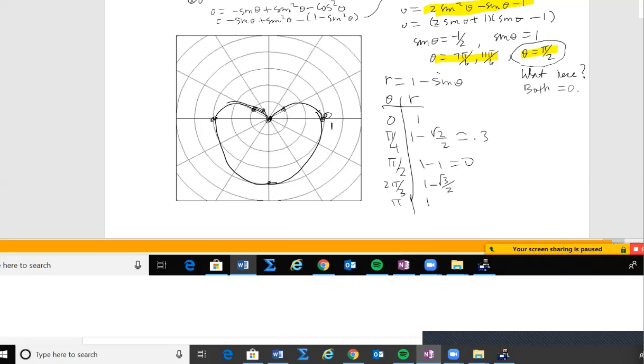Okay, so now I'm going to take a leap of faith here, since it's moving so slowly. I've tried 3 pi over 2, and I have 1 minus a negative 1, which is 2. So that's down here. If that was 1, then 1, 2, 3, 1, 2. Actually, I guess it's a little farther out, isn't it?